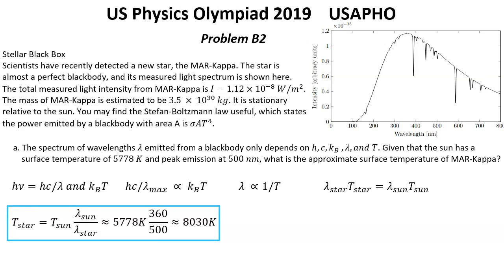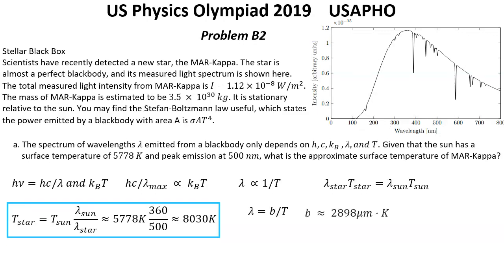Also, this result could be obtained using the so-called Wien's displacement law, which states that the blackbody radiation curve for different temperatures will peak at different wavelengths that are inversely proportional to the temperature. The shift of that peak is a direct consequence of Planck's radiation law.